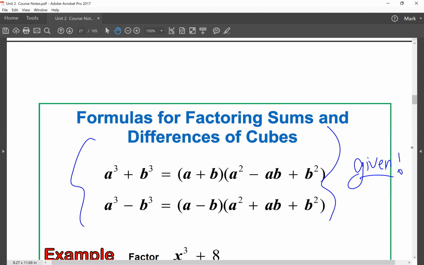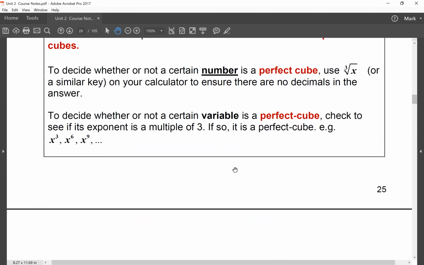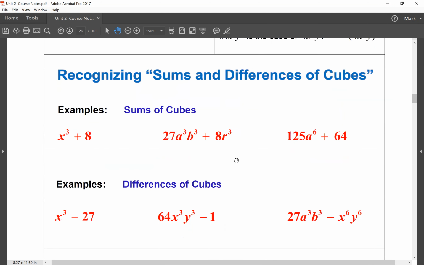Anytime you need a formula, like later at the end of the course when we'll be doing trigonometry, sine, cosine, tangent, you will be given formulas for that. All right, just give me 1 second, guys. I need to check something and then I'll be right back. Maybe you can have a look at these examples here and I'll be right back.